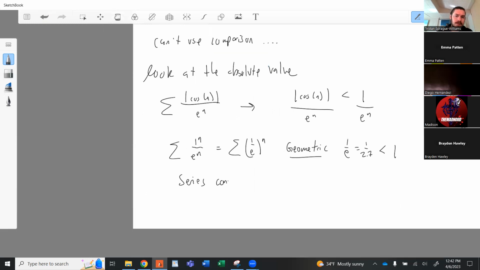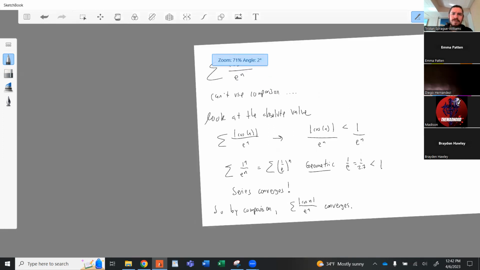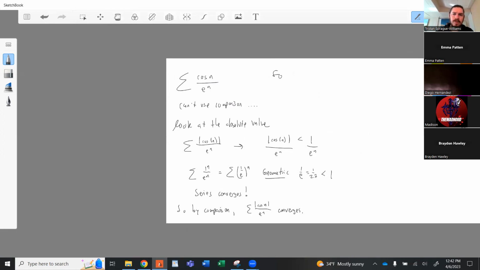There we go. Series converges. So by comparison, this series converges. And so this original series is absolutely convergent because its absolute value series converges.